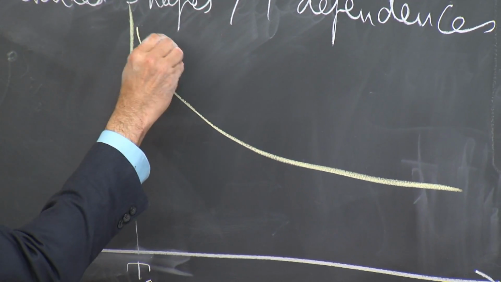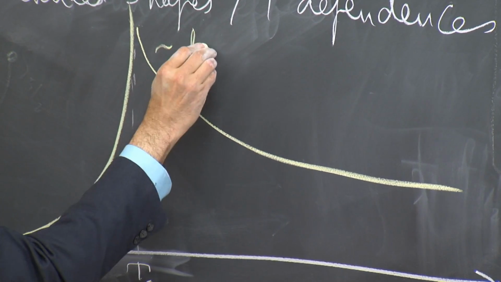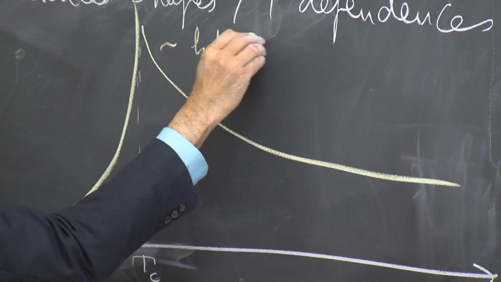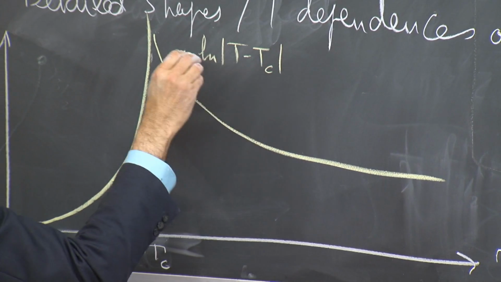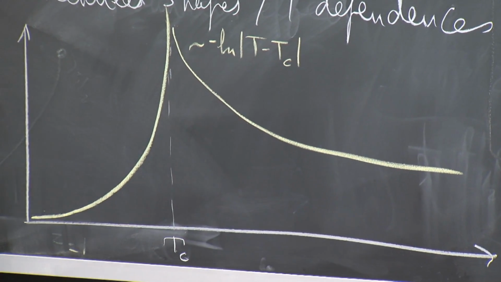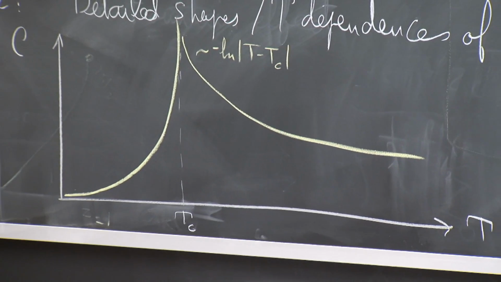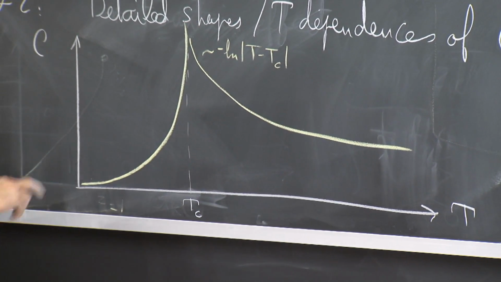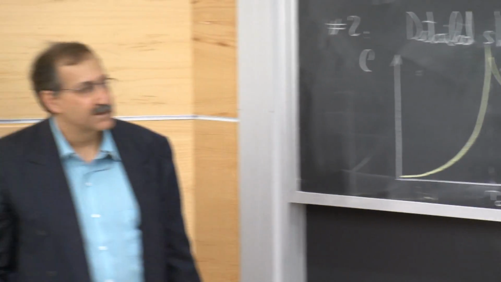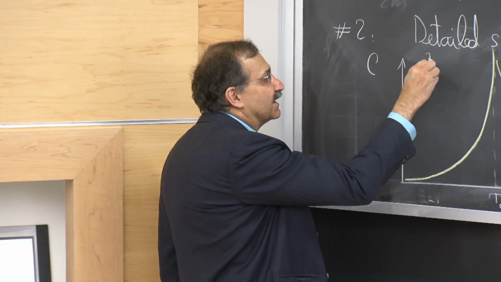Here it diverges as a log. So when you go to Tc, it actually goes to infinity. And because of the shape that this has, this is sometimes called the lambda transition.